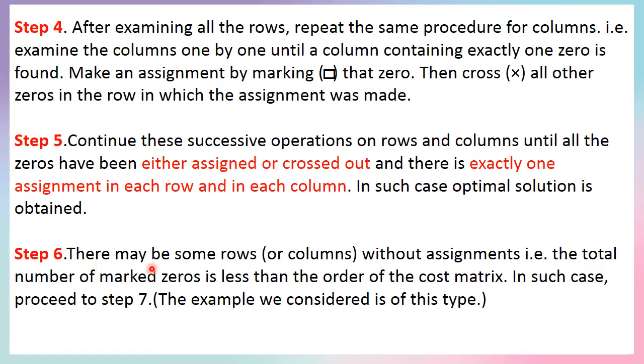There may be some rows or columns without assignment, that is without a 0 having a box. That is, the total number of marked zeros is less than the order of the cost matrix. In such a case, proceed to step 7. The example we considered is of this type.